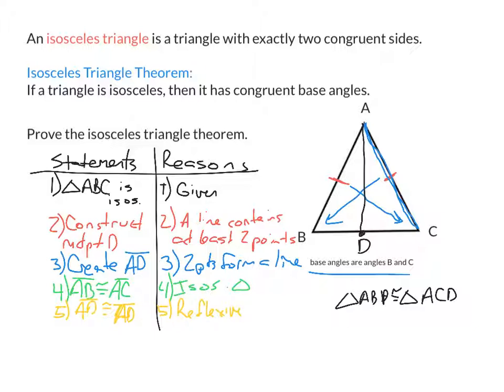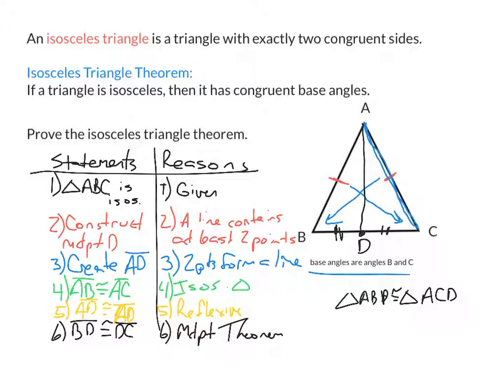And then the last piece we know, we drew in point D so that it was going to be at the midpoint, and so I know that BD is congruent to DC. Reason being the midpoint theorem.